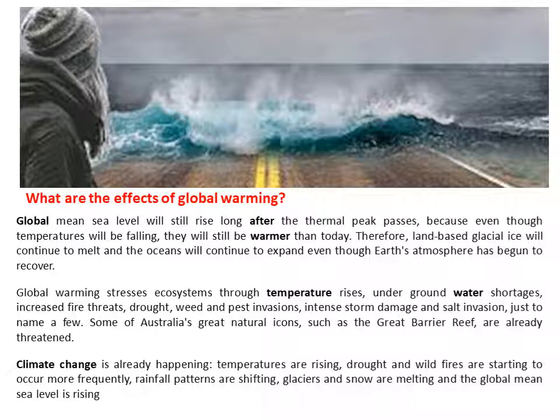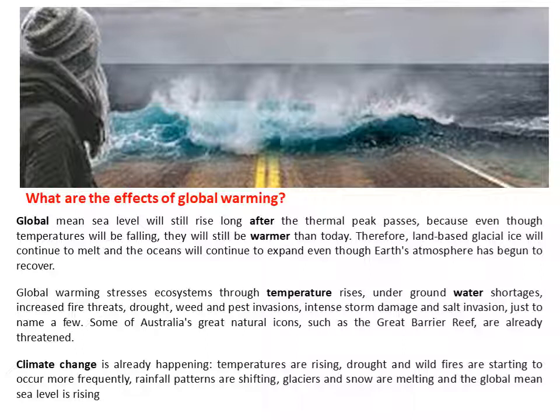Therefore, land-based glacial ice will continue to melt and the oceans will continue to expand even though Earth's atmosphere has begun to recover. Global warming stresses ecosystems through temperature rises, underground water storage changes, increased fire threats, drought, weed and pest invasions, intense storm damage and salt invasion.